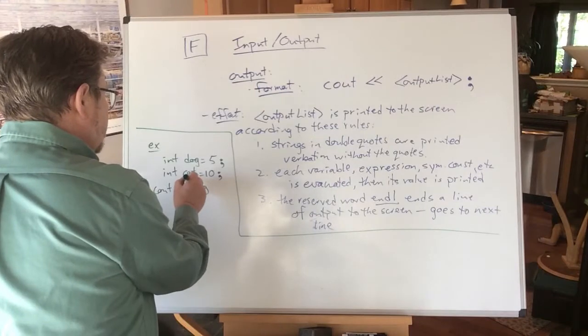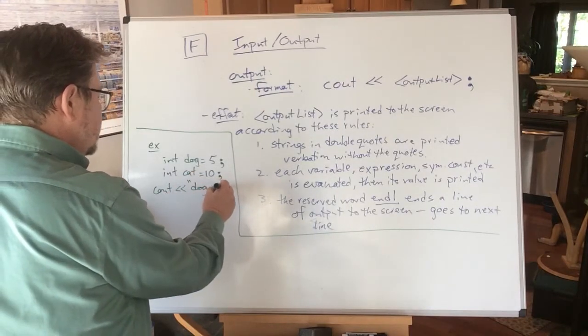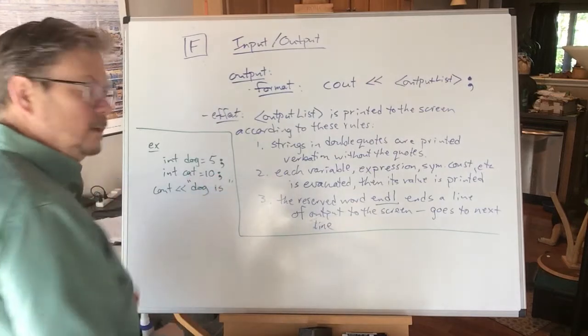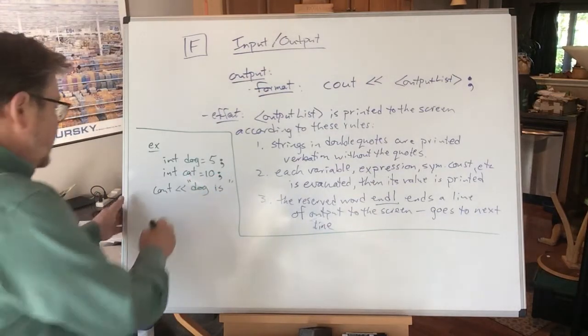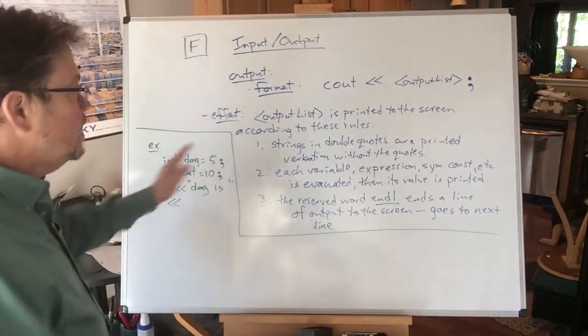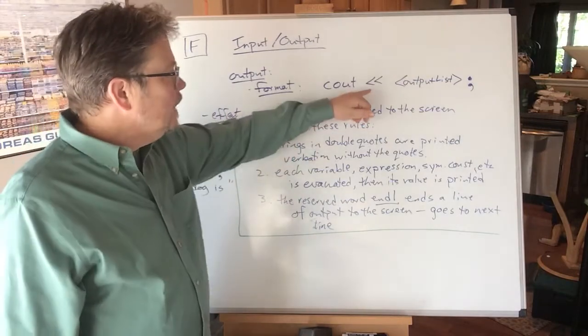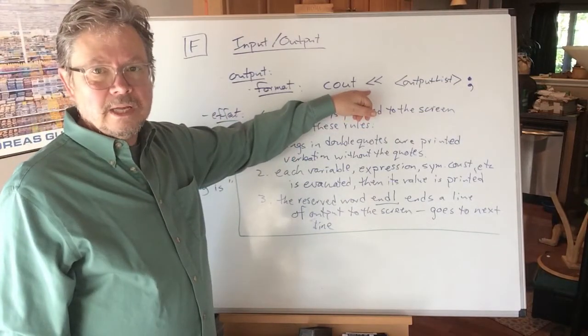You know what? I'm going to make this a string. Cout dog is, close double quotes. Then I'm dropped down to the next line, and I have to put less than again. All the stuff in output lists that you want to print out, they have to be separated by these output symbols, less than.